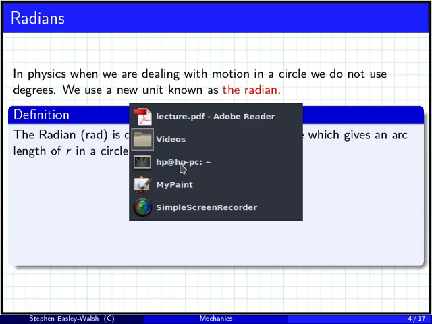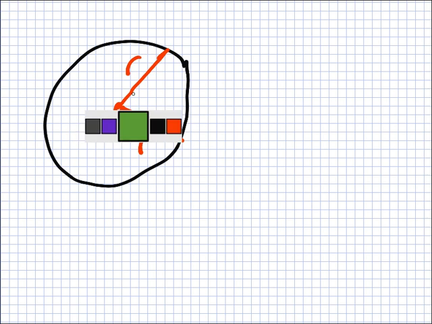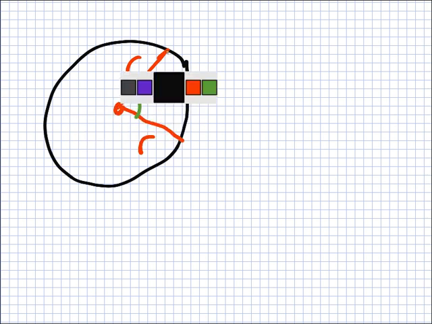Now, I'll just draw what that means precisely. There we go. Right, so if you have a circle and you have here radius r, and here you have radius r, and you choose the angle so that you can make the arc length here radius r as well.